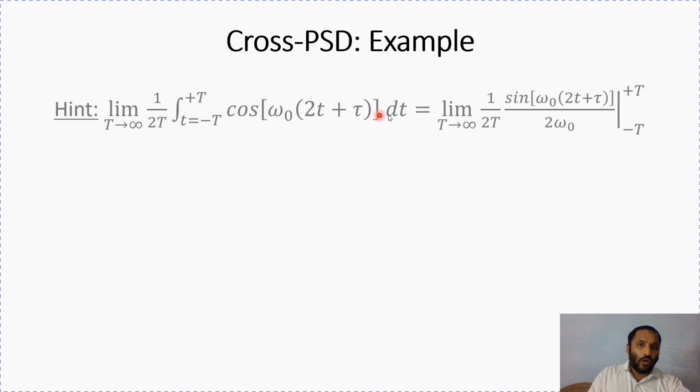Always first compute the integral, simplify the expression, cancel a T in the numerator with the denominator if there is one, and then apply the limit to that expression. So it is not that we directly substitute T equal to infinity, because that would change the whole value of this expression.